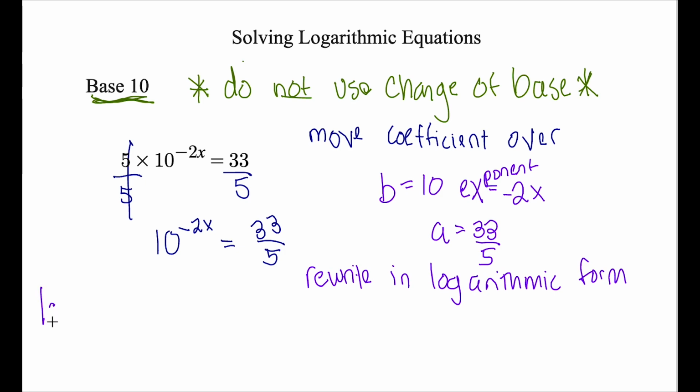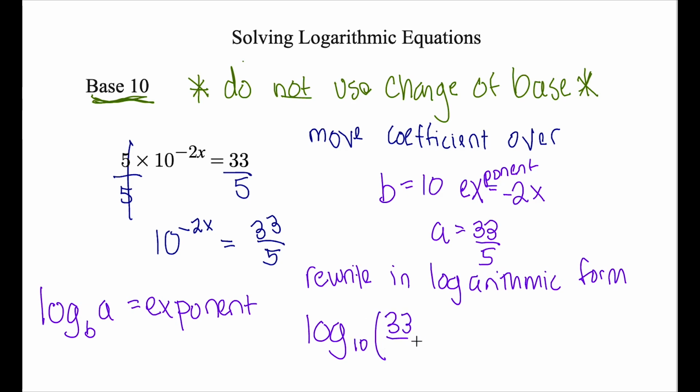So remember, it's log base b of a equals the exponent. So here we have log base 10 of 33 over 5 equals negative 2x.